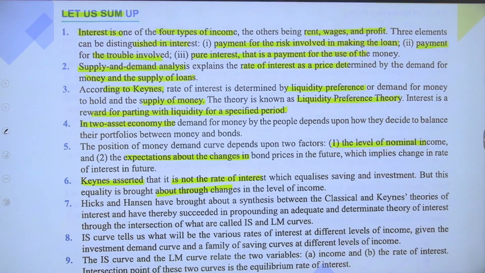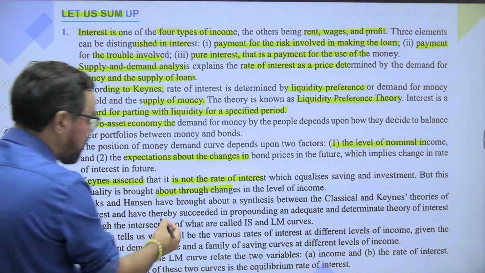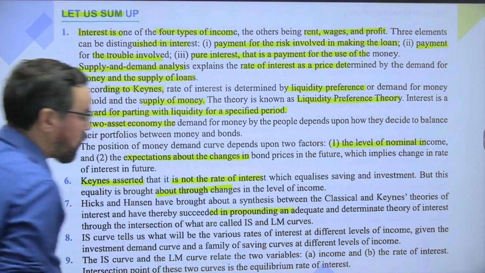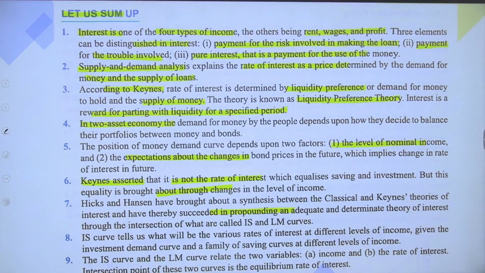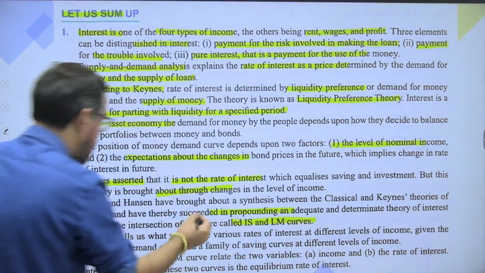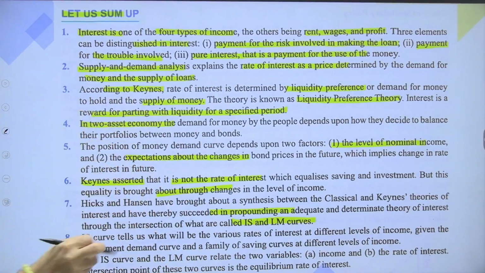Hicks and Hansen brought about the synthesis between the classical and Keynes theories of interest, and thereby succeeded in propounding a determinate theory of interest through the intersection of what are generally called the IS and LM curves. So this is how monetary policy and fiscal policy use these to decide the level of money supply in the economy.